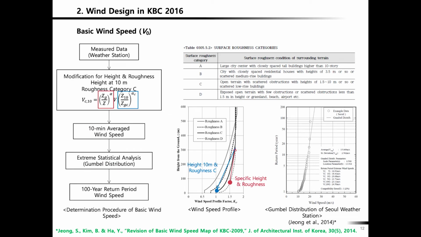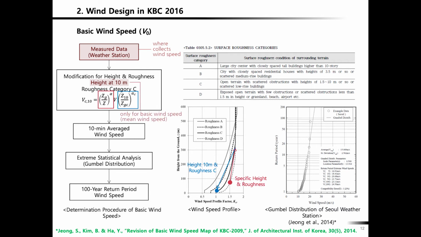Korea building code. Okay, the diagram looks a little complicated. Let me just follow what's in there. First, you have a measurement, and that weather station, which collects the wind speed, is not always at 10-meter height from the ground.